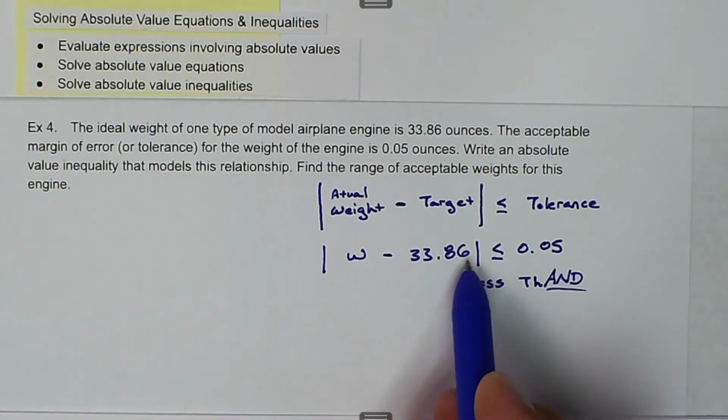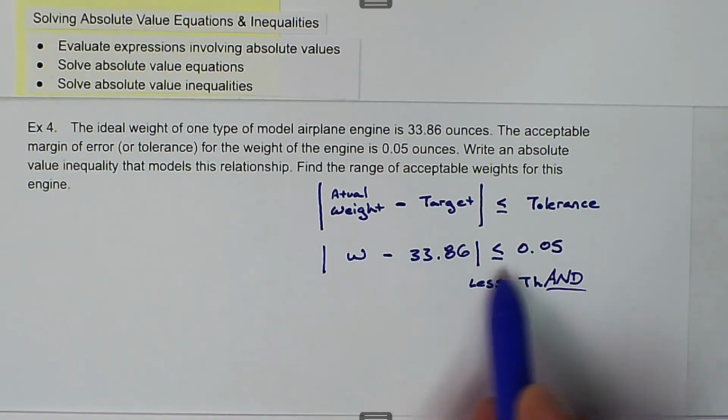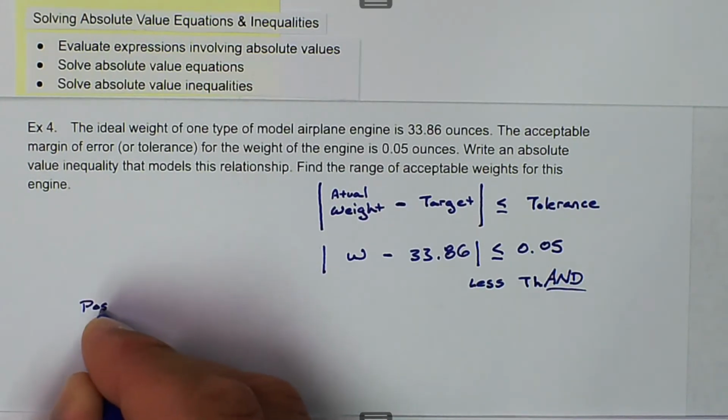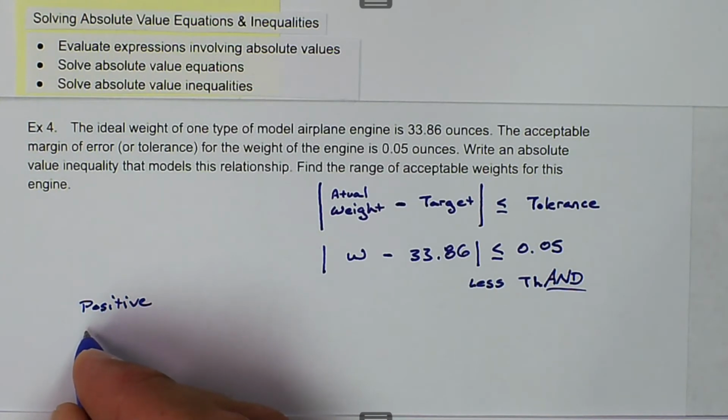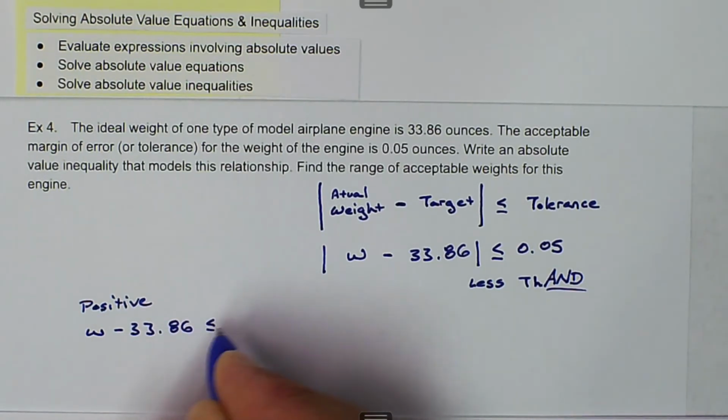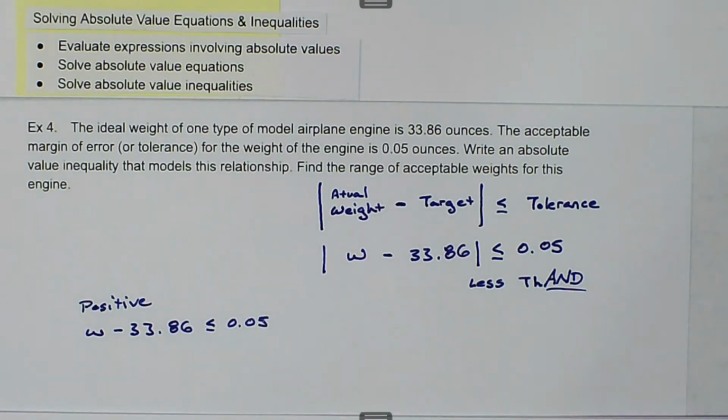So in order to solve this, we have to get rid of the absolute value. We have one where we consider the positive, and we just write down the inequality without the absolute value sign, exactly as it is. And then we have one where we consider the negative.